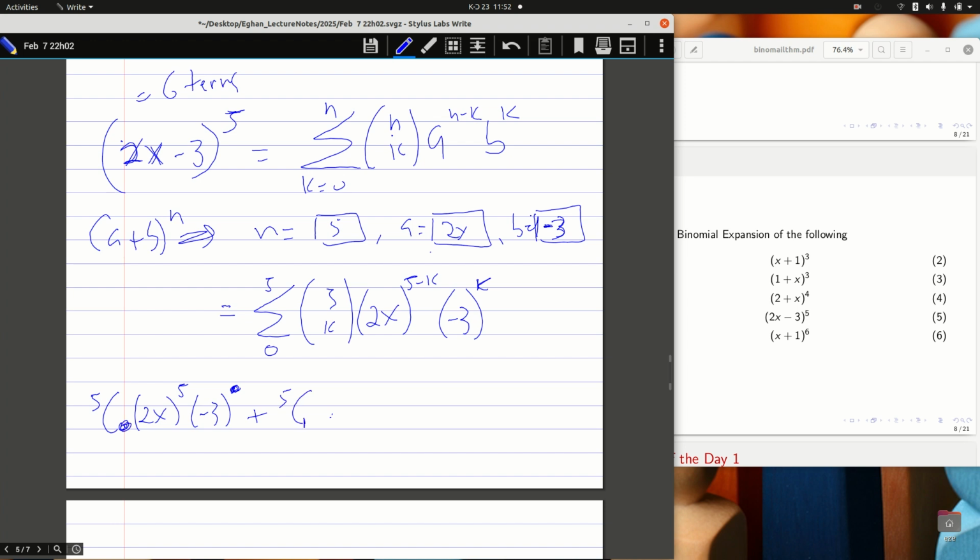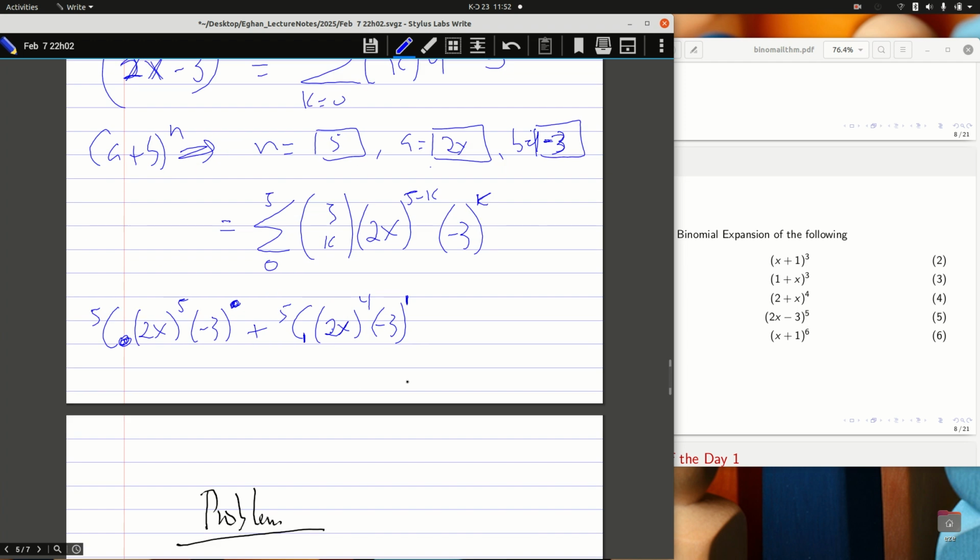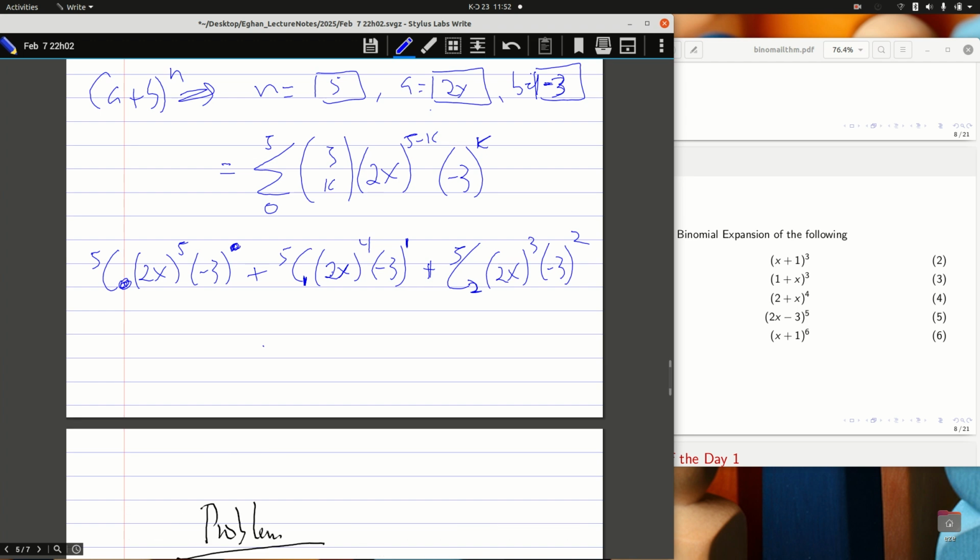Then I move from 0, I move to 1. And then my 2x will now reduce to 4. My negative 3 will increase to 1. So as 1 decreases, the other increases. Then from 1, I have to move to 2. And then my 2x will reduce to 3. My negative 3 would increase to 2. I move to combination 3.